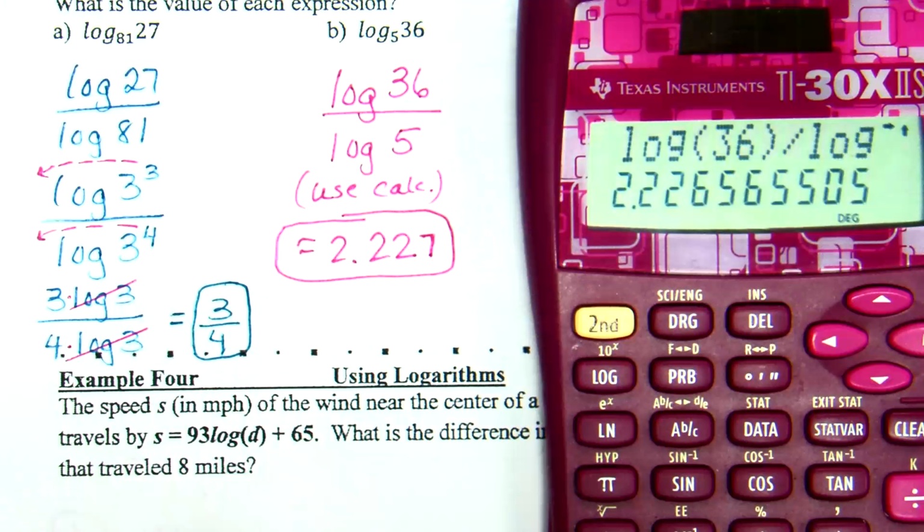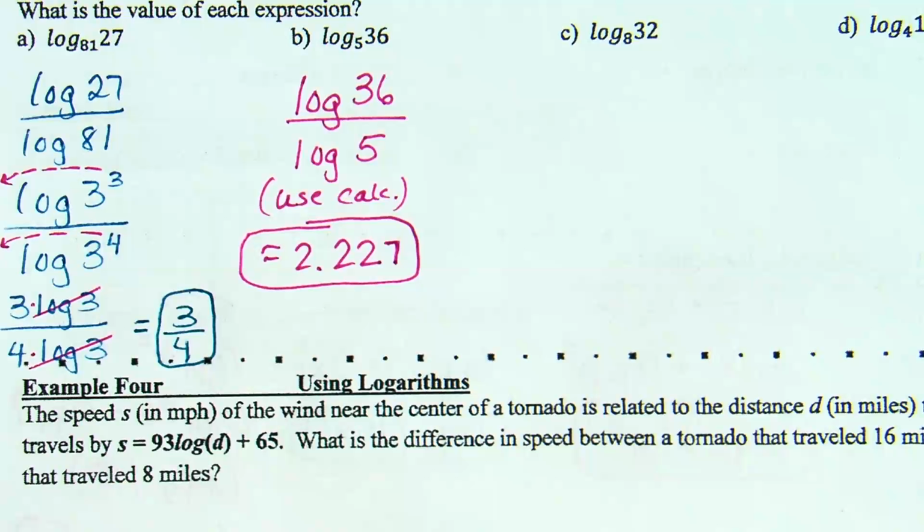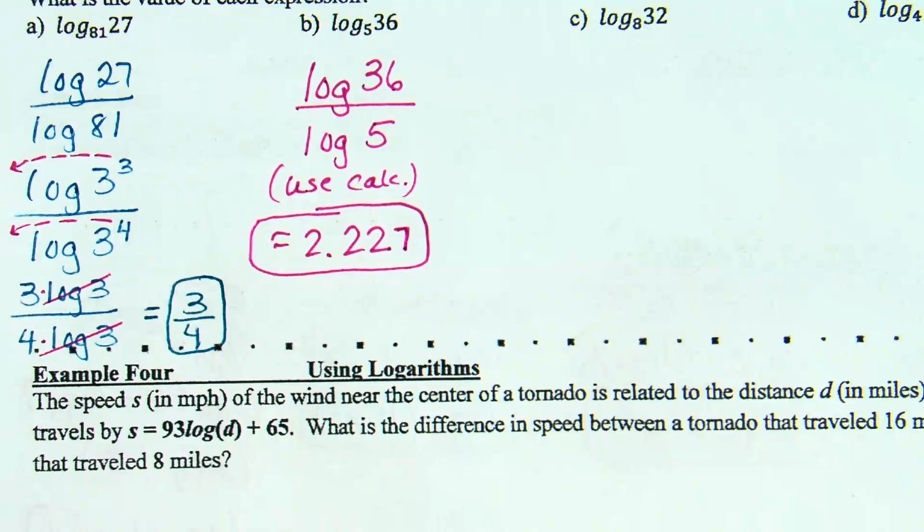Okay, let's try C. Log base 8 of 32. If we don't know log base 8 of 32, what do I do? Log of 32 divided by log of 8.